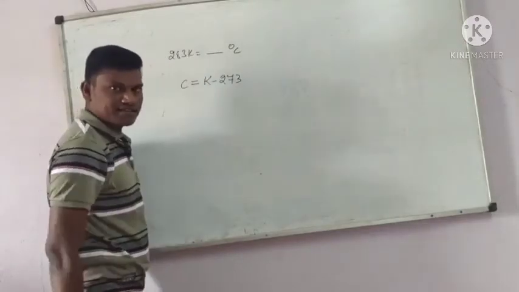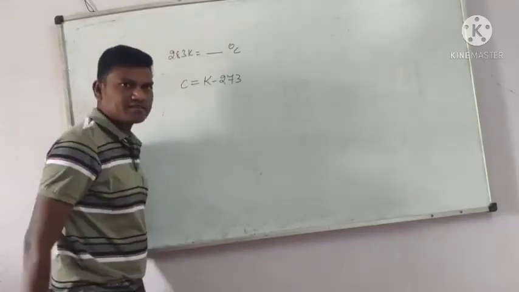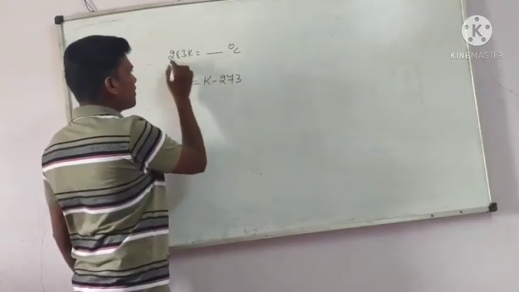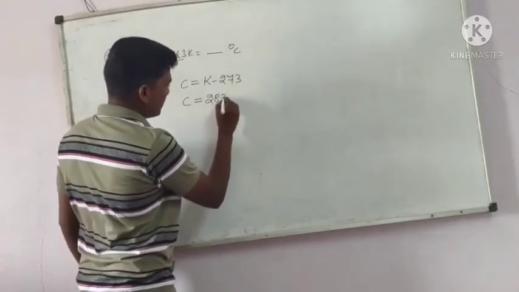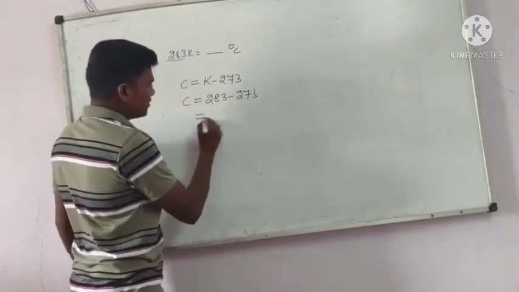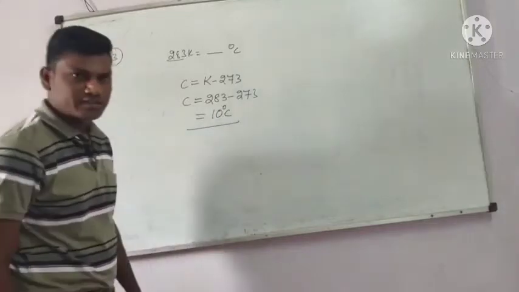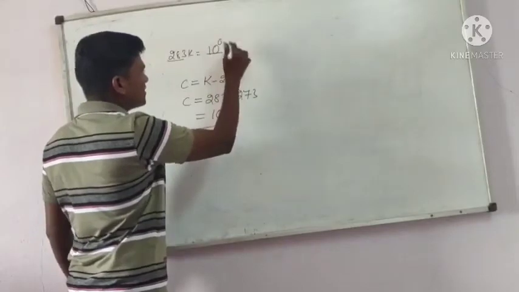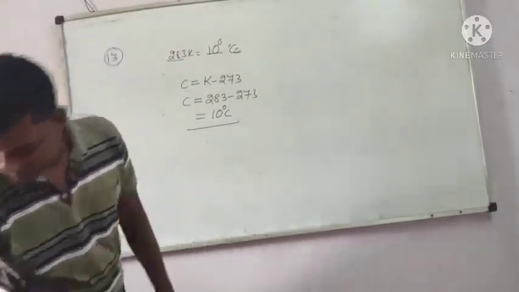C is the Celsius scale, K is the Kelvin scale, and 273 is the constant. In the place of K, we substitute 283. C equals 283 minus 273. Then what is that value? 10 degree Celsius. So 283 Kelvin is equal to 10 degree Celsius.